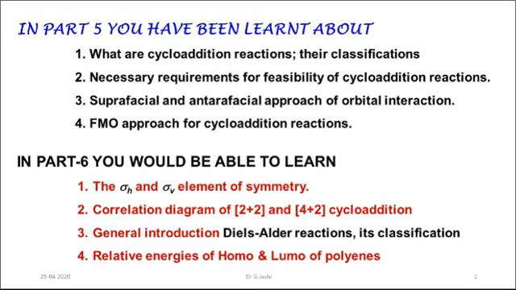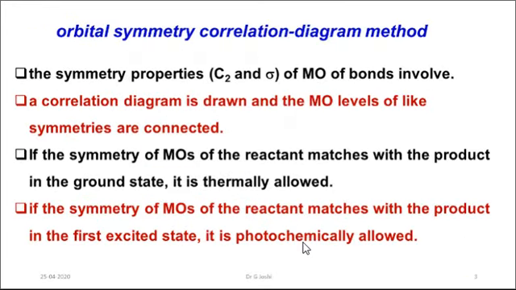Finally, we'll end this session with the relative energies of HOMO and LUMO that will help us during the problem solving approaches of 4n plus 2 or 2 plus 2 cycloaddition reactions. So let's start.